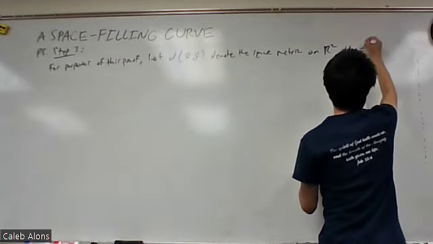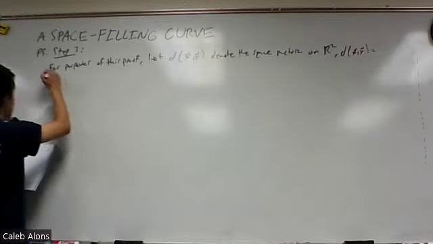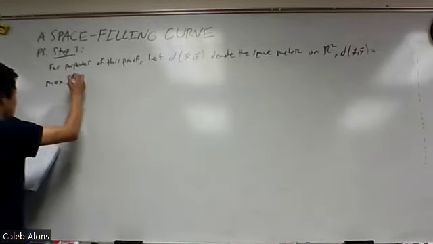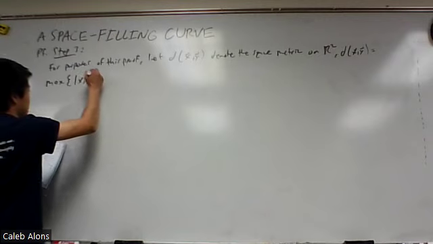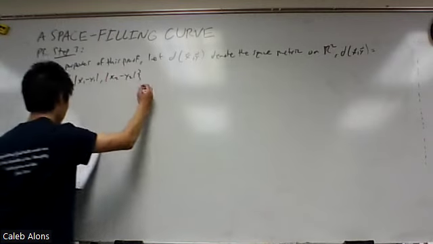So the distance between two vectors will be the maximum, just comparing the components. But we only have two pairs of components to do, like we did in the example.